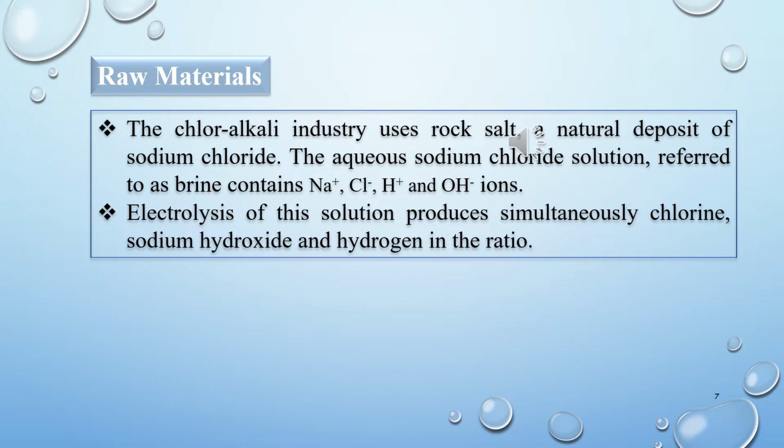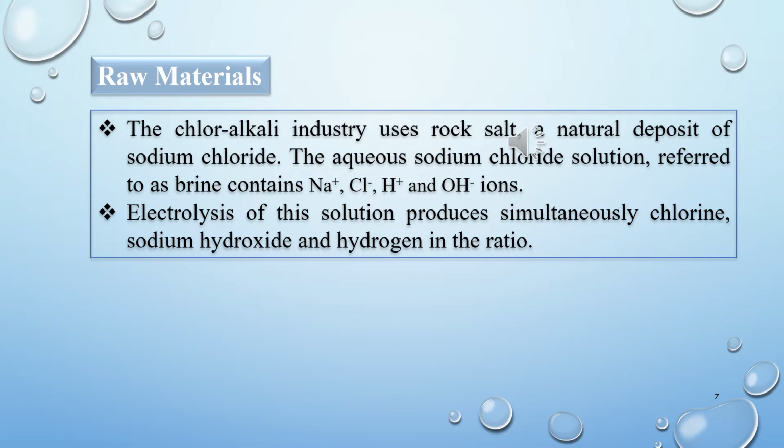And the next point is: electrolysis of this solution produces chlorine, sodium hydroxide and hydrogen simultaneously in a fixed ratio. What is the meaning of this point? He said that by electrolysis, these ions are separated, and now these ions will travel toward their electrodes, meaning cathode and anode.